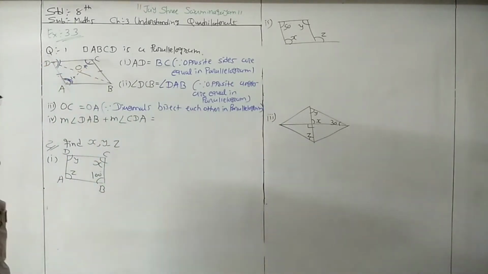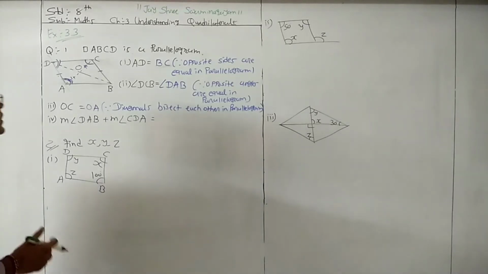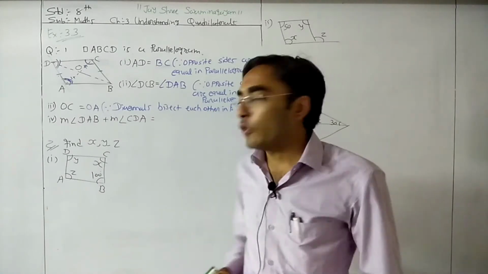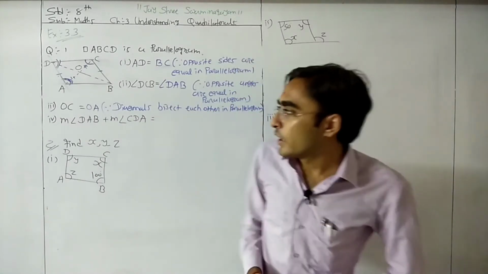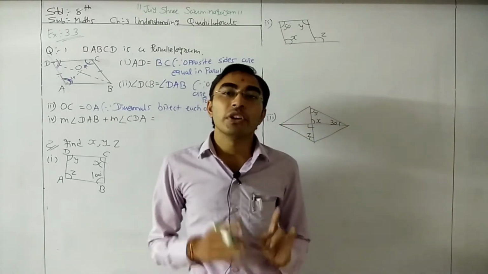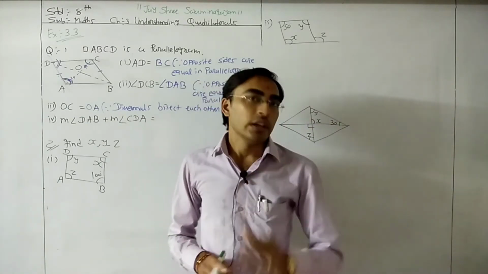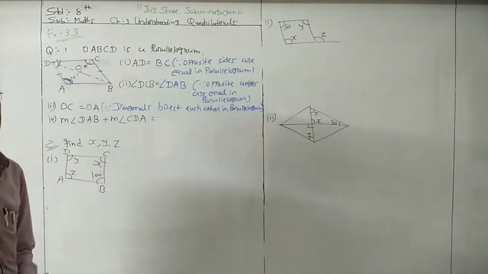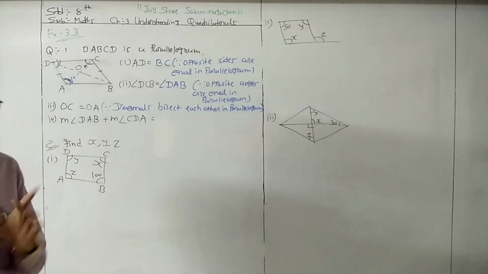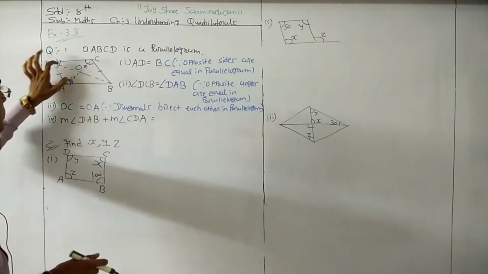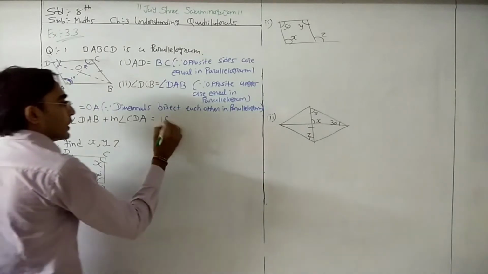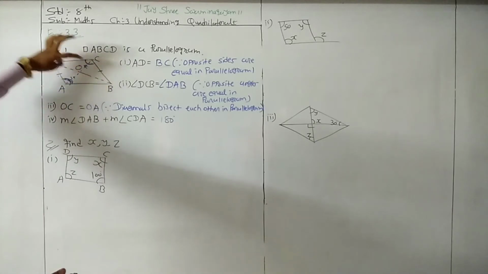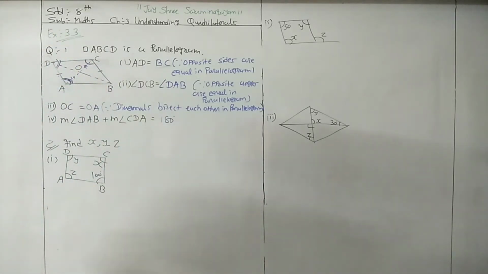Now these two are angles on the same side of the transversal, interior angles on the same side of the transversal, and we know the property that the sum of interior angles on the same side of a transversal is equal to 180 degrees. So the sum of these two angles is equal to 180 degrees.